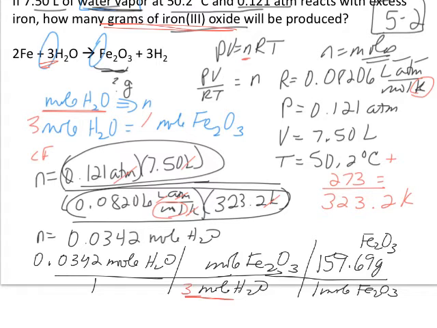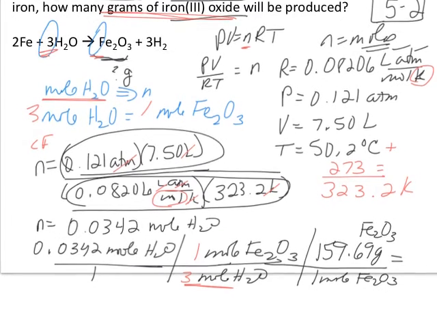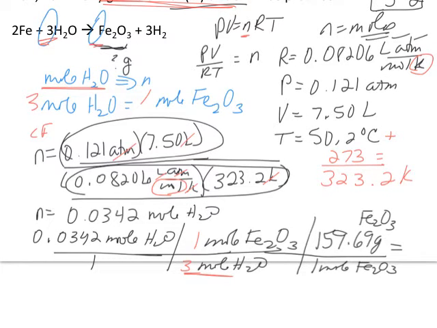So for 3 moles of water, we have 1 mole of iron oxide. When you put that in your calculator, 0.0342 divided by 3 times 159.69, you get 1.82 grams of iron oxide. And that is your answer.